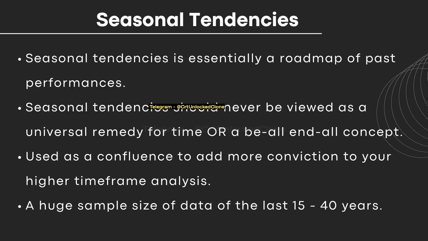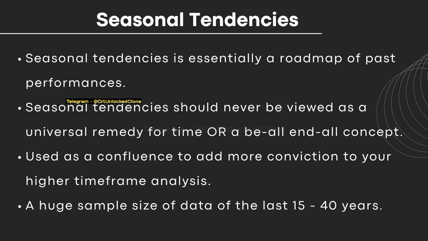In the same manner with seasonal tendencies, we've come to know that there are certain times of the year, called seasons, where price follows a specific rhythm or theme, right? Which means that at specific times of the year, price consistently forms either bearish price action or bullish price action, or it follows a definite trend.